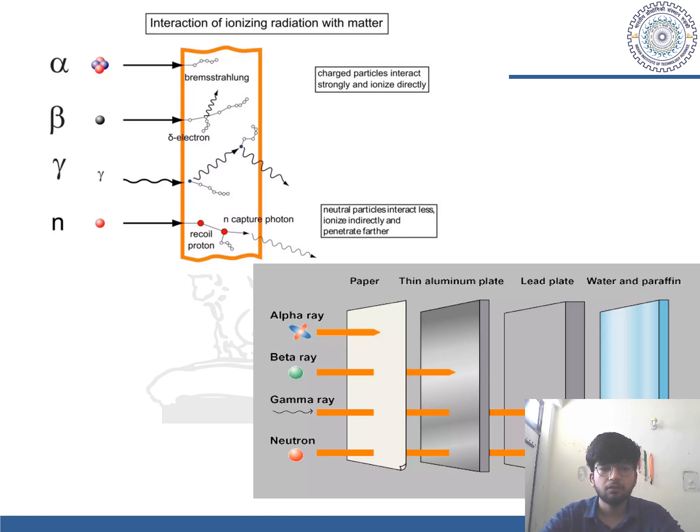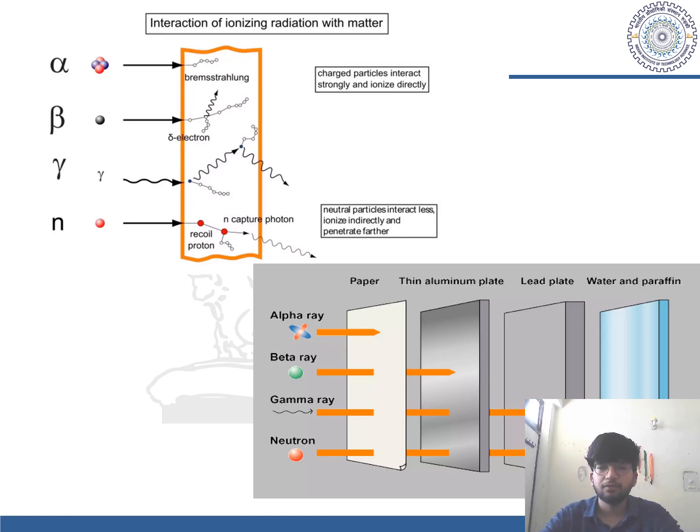As you can see, there is the direct collision like this, the gamma interaction shown, beta interaction shown. Whereas indirect ionization, in the case of neutron, occurs when ionizing radiation interacts with atoms or molecules in the material, causing the atom or molecule to become excited.